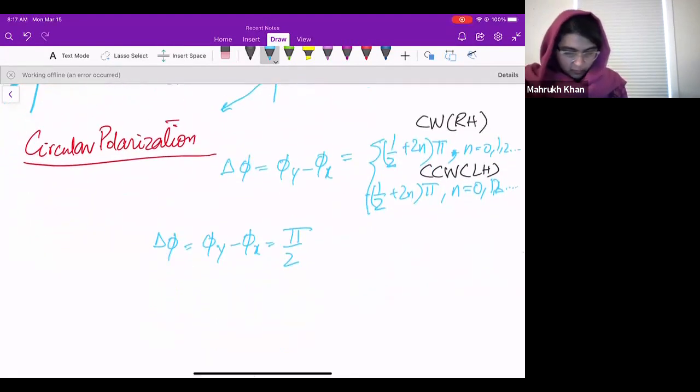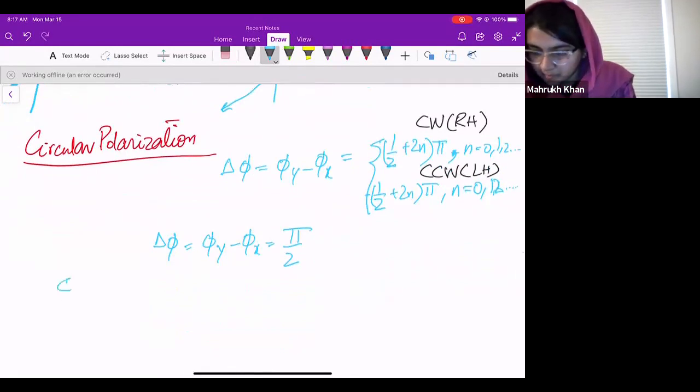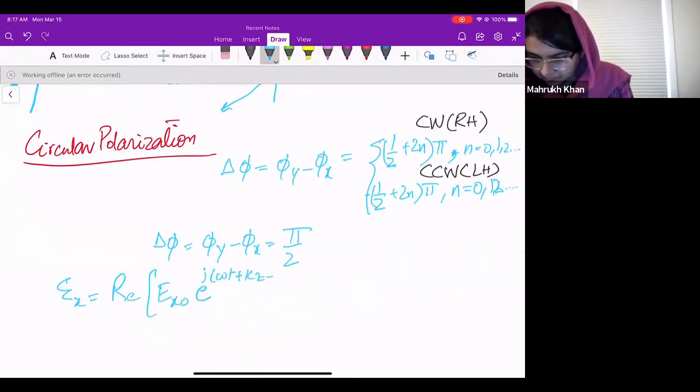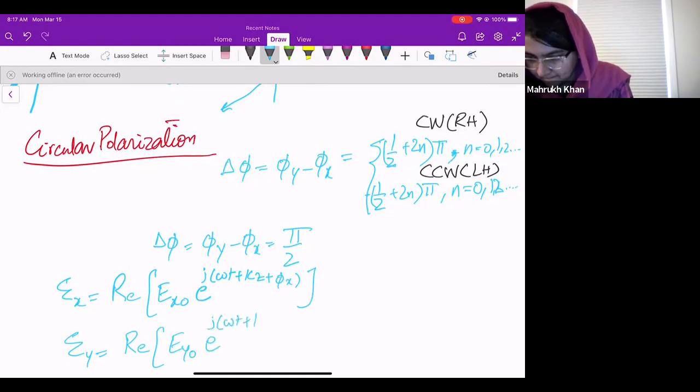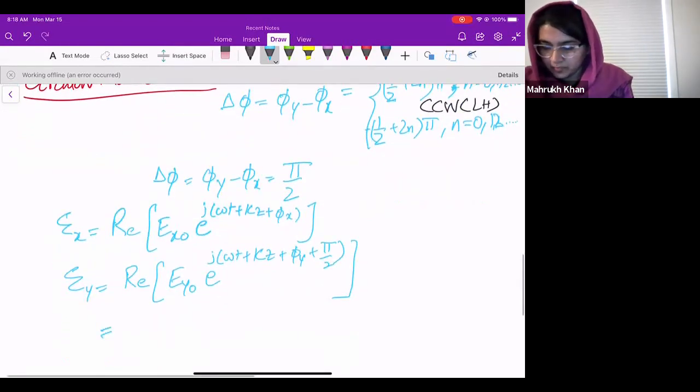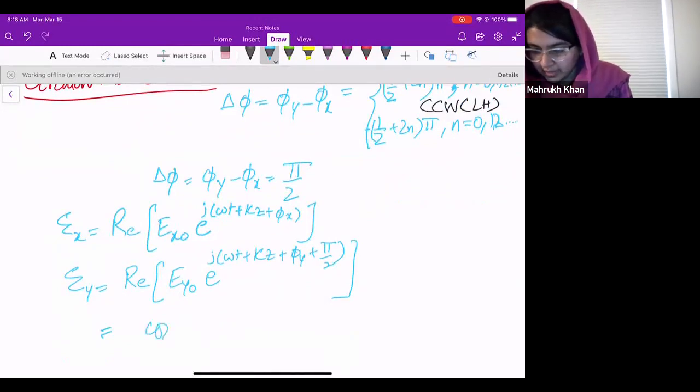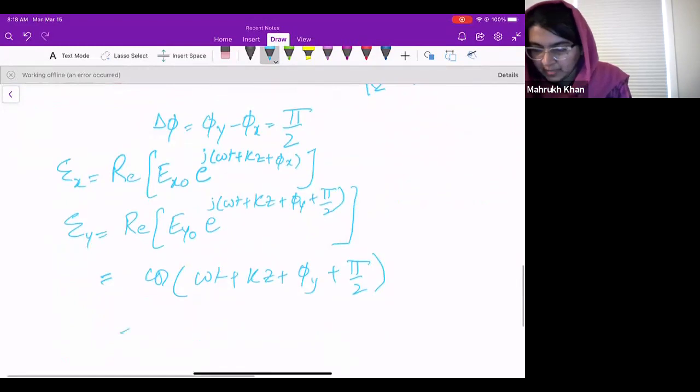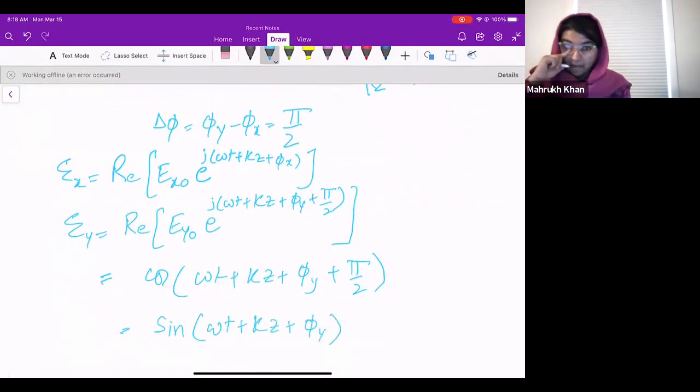Okay, so now if I move and I draw it, my EX will be the same, but my EY will be different, and I can also write it in another form.